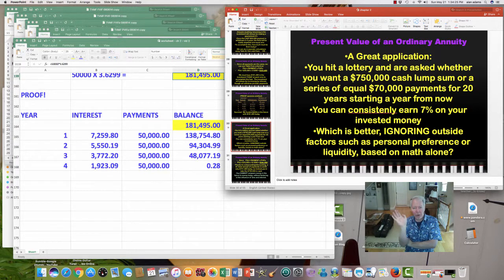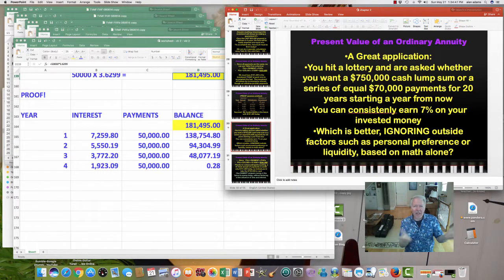Once you put the champagne away and take a Valium, upon winning $1 million, the lottery commission is going to say what to you? Okay, they're going to say, well, we'll give you 10 payments of $100,000 each for the next 10 years, starting a year from now, or we'll give you a cash amount.